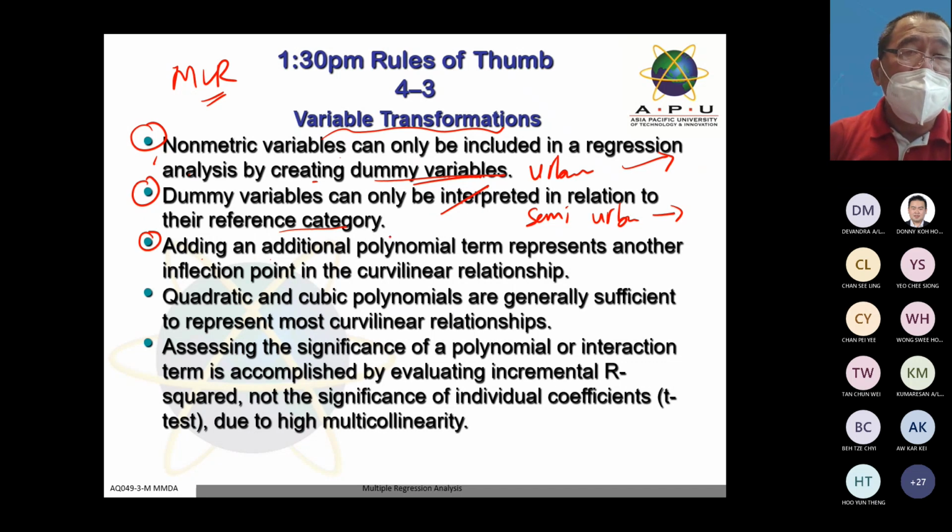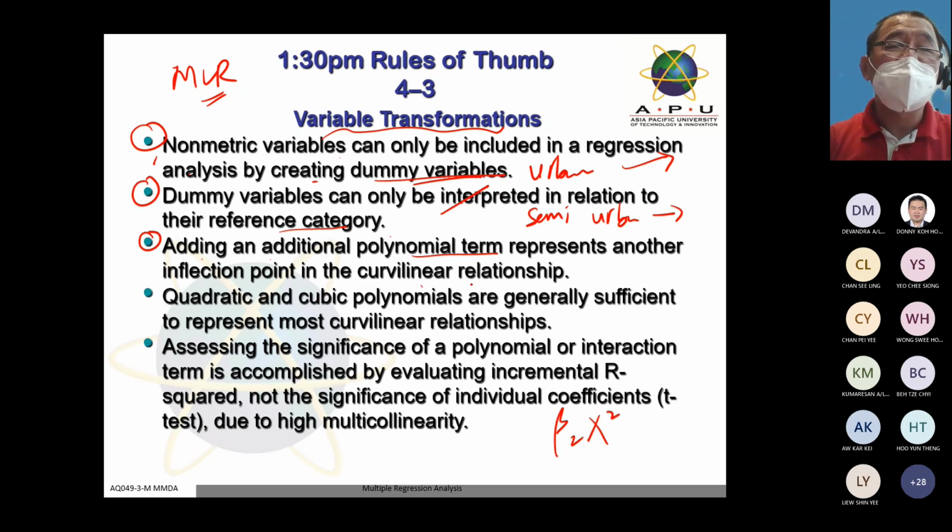We can add one additional polynomial term, for example beta 2 x power 2. This will represent another inflection point in the curvilinear relationship. It is already a bit different, because we only handle multiple linear regression.